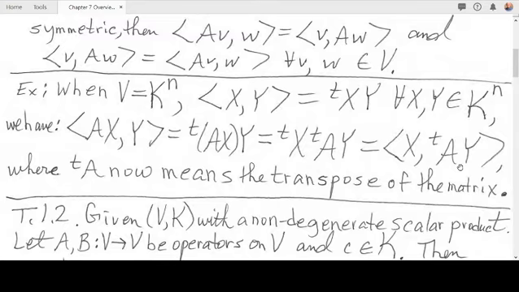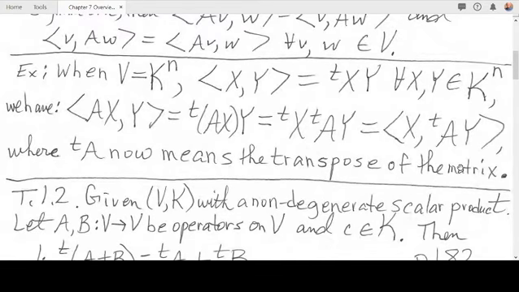And our most important example is Kn. So when our vector space is Kn, we have the usual dot product of x dot y, which is defined as transpose x times y, where x and y are elements of Kn thought of as column vectors.